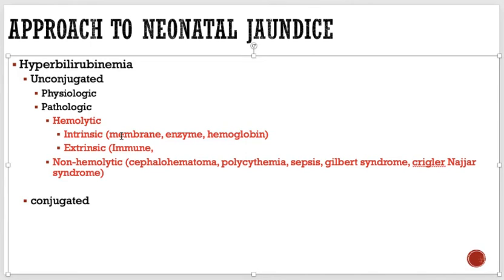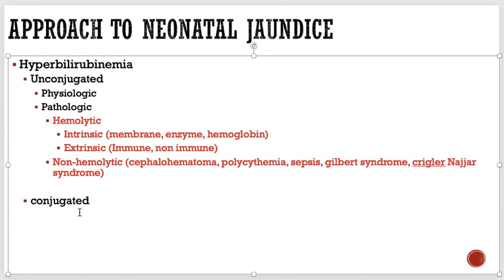So it could be immune problems or non-immune problems, like splenomegaly, like sepsis. Sepsis is a cause of conjugated as well as unconjugated hyperbilirubinemia.